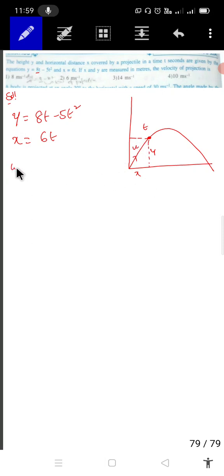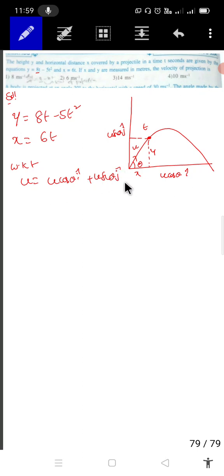We know that this makes an angle theta, whatever it is. So in this condition we write the initial velocity: u cos theta i cap and u sin theta j cap. So initial velocity u equals u cos theta i cap plus u sin theta j cap.